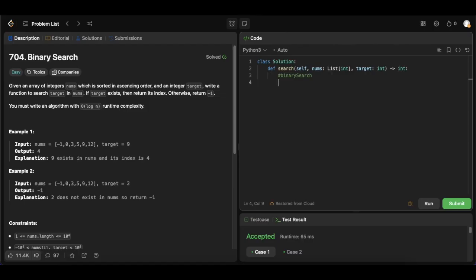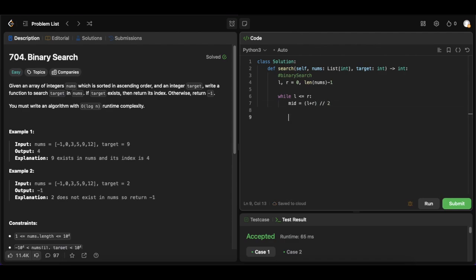We're going to start off our algorithm by having our left and right pointers initialized to 0 and the last index in the array, so length of nums minus 1. And this algorithm is going to run until the left and right pointers cross each other. Each time we're going to calculate our midpoint, and this midpoint is going to be equal to left plus right divided by 2.